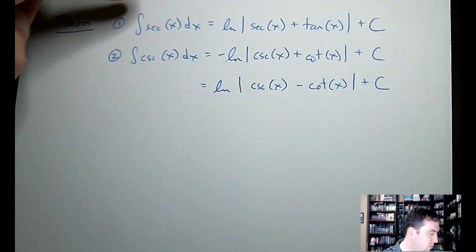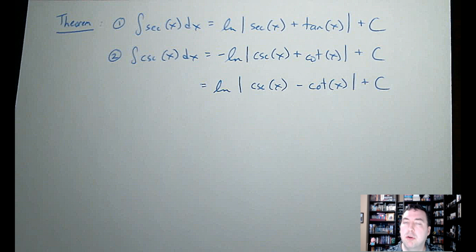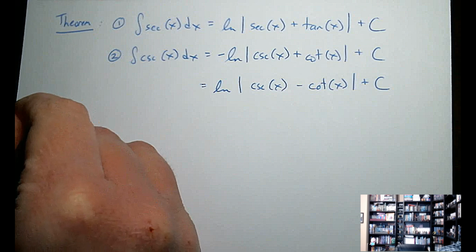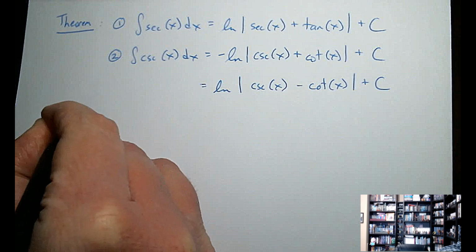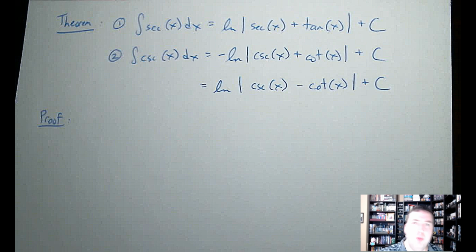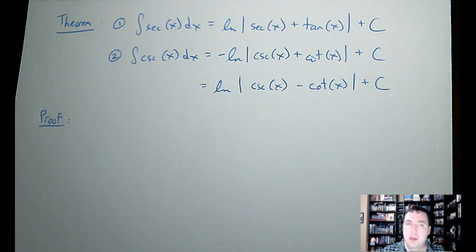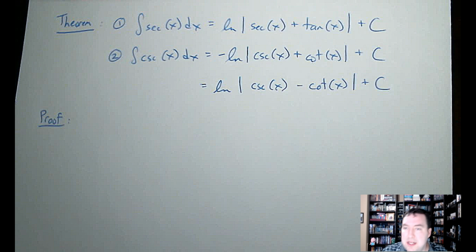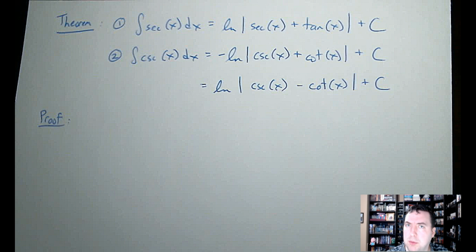Obtaining both the integral for secant and the integral for cosecant, they basically work the same way. So again, I'm only going to prove one of them. Let's prove the second one, just the first form of it. And here it might seem natural again to rewrite cosecant as a quotient, because we know cosecant is 1 over sine, but at first glance that seems to be a bit of a non-starter, because 1 over sine is not integrable by u-substitution.